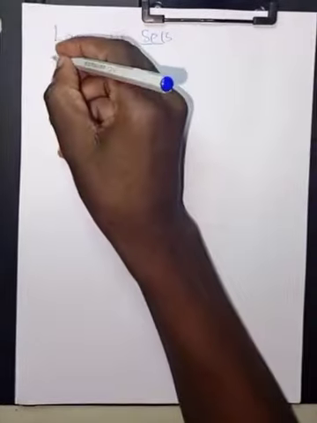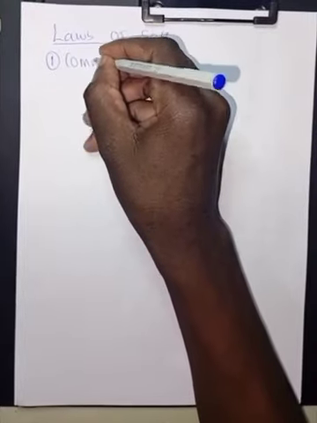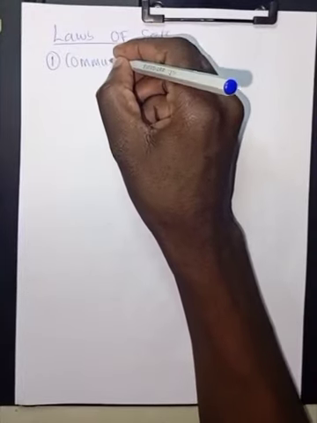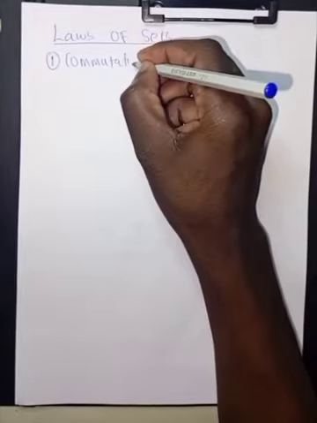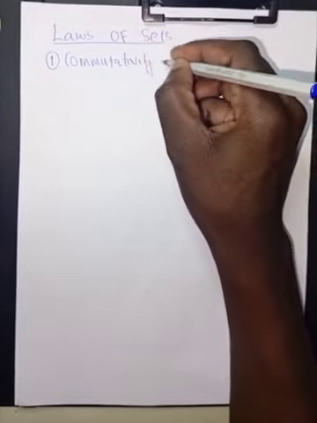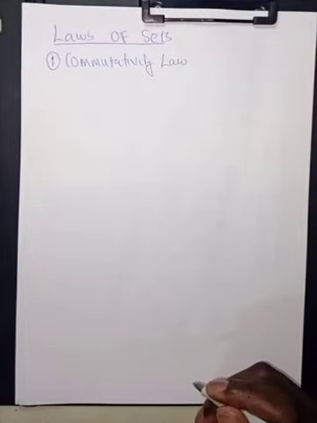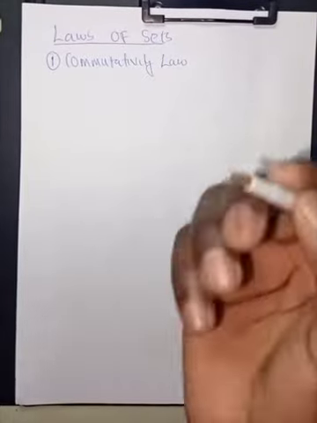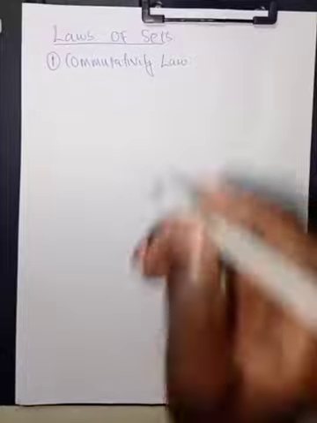So number one, we have what we call commutativity or commutative law. All you need to know is what it states, or its mathematical expression.